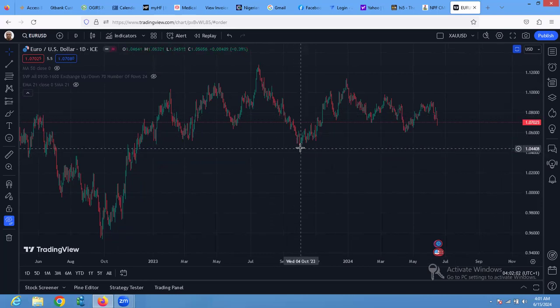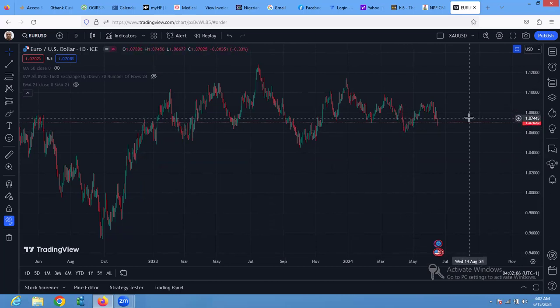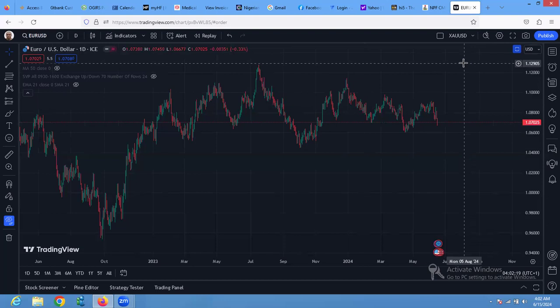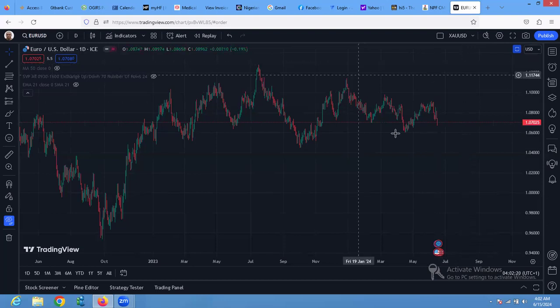And you take this from here to this point, we are seeing a wedging triangle. So a wedge is developing. And after that wedge, there's going to be an explosion to the other side of the triangle. And the other side of the triangle we so desire is to the upside. But for now, are we done here?